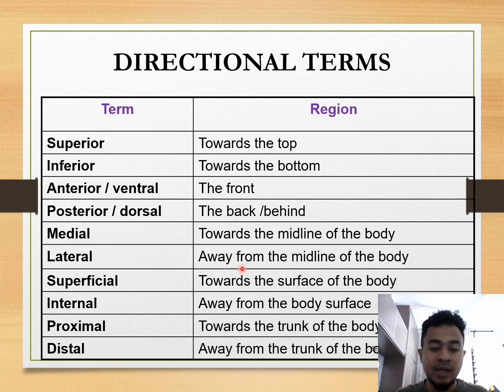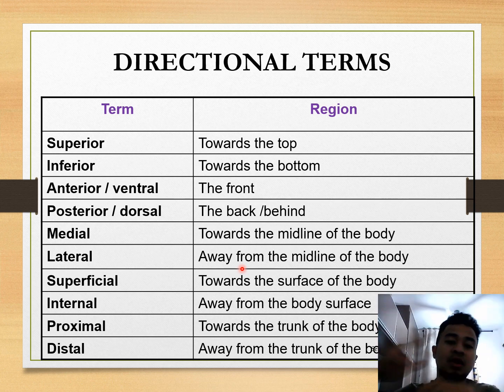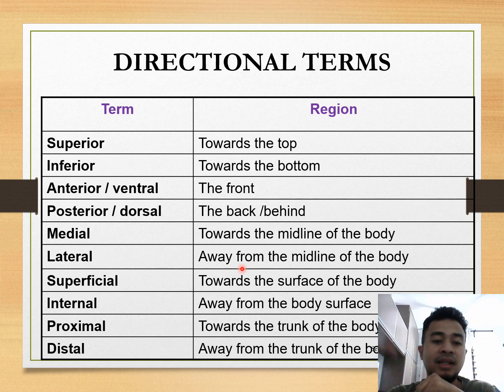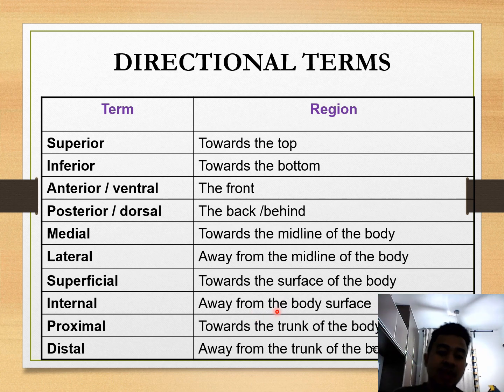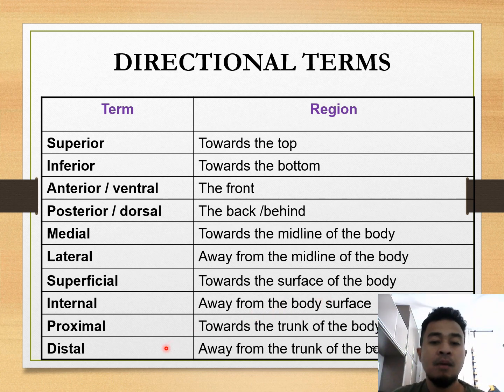If you remember the anatomical position, everything facing us at that time is what we call ventral, and posterior, or dorsal, is everything at the back. Medial, lateral. Superficial is toward the surface of the body, internal is away from the body surface. Proximal is toward our trunk, while distal is away from our trunk.